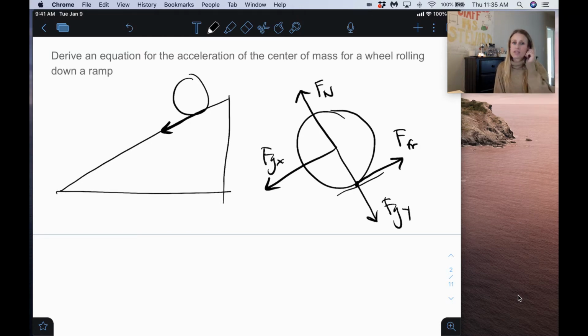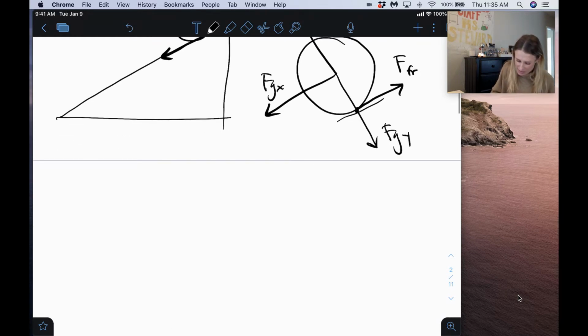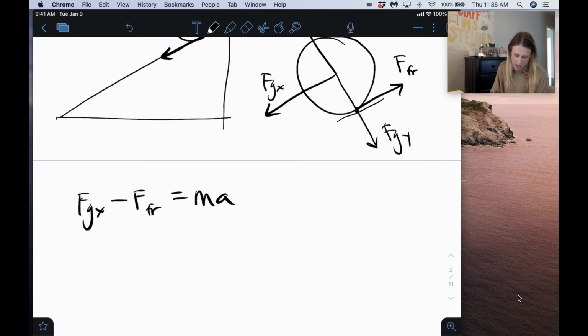If we're going to write an expression now for the acceleration of the center of mass, what we get is the force of gravity in the X direction minus the force of friction is equal to mass times acceleration, where the force of gravity in the X direction and the force of friction are those two forces that make up the net force that are causing the acceleration down the ramp.